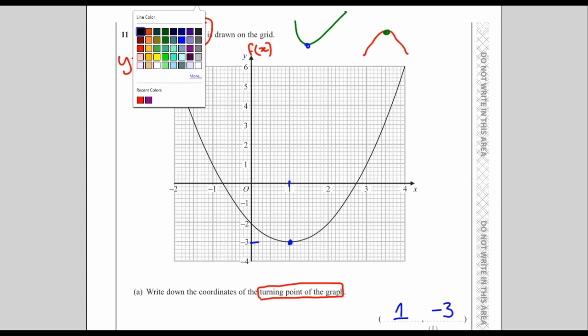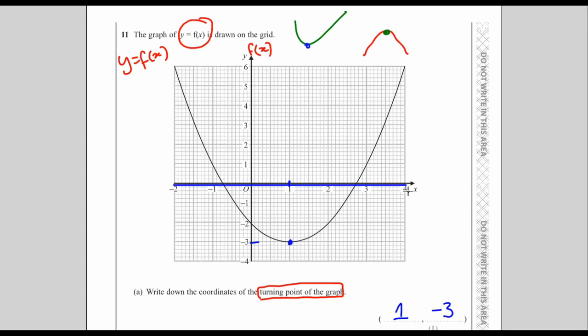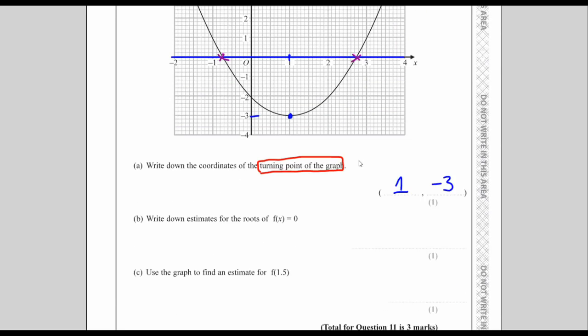So if we want to find f of x equals to 0, then we're talking about where f of x is always 0. If we want f of x equal to 3, where it's always 3, where it's always 5, etc., where it's always minus 3. F of x equal to 0 means we want where this line crosses f of x equals 0. Okay? So it's those 2 points.